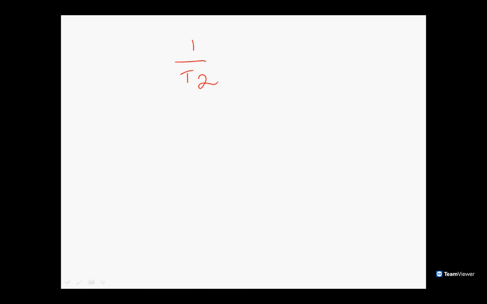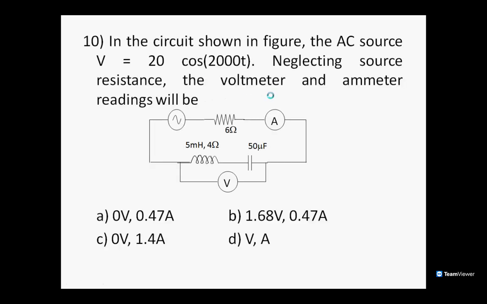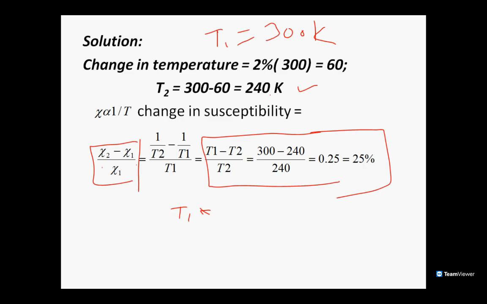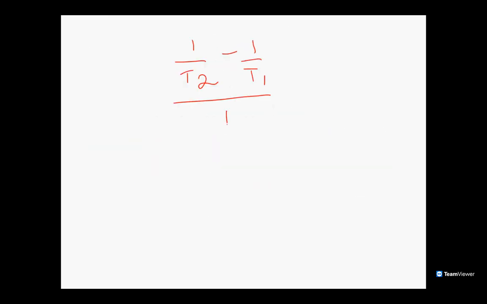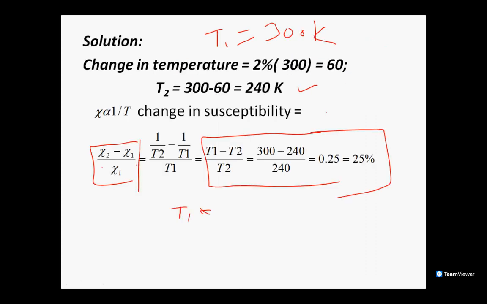So it is 1 divided by T2 minus 1 divided by T1, divided by 1 by T1, which simplifies to T1 minus T2 divided by T1 times T2, divided by 1 by T1. Here T1 cancels.